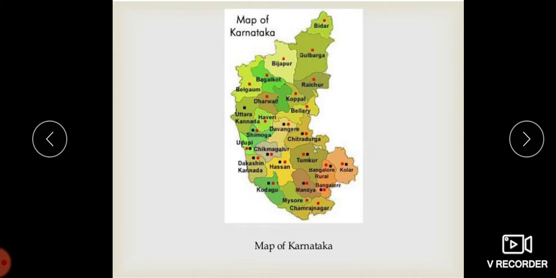After independence, the cotton mills were set up in the northern Maidan, where cotton was widely grown.